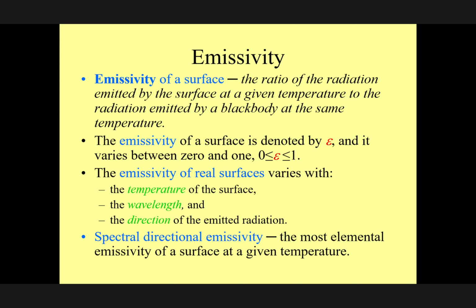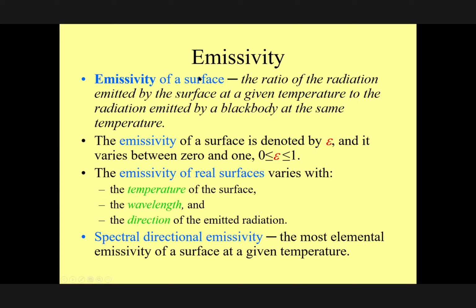Therefore, when we define emissivity, it is a function of the temperature, because energy emitted is a function of wavelength. I'm interested in a specific emissivity at a given wavelength, or I'm talking about total emissivity.